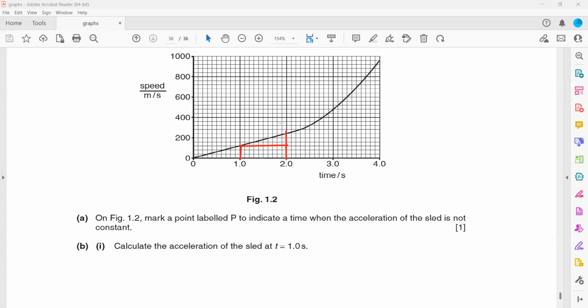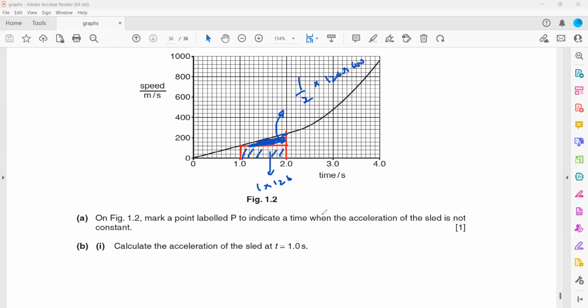Find the area of the rectangle. The length is 1 and the height is 120. For the triangle, it is half base times height. The base is 1 and the height is starting from 120 and ending at 220.